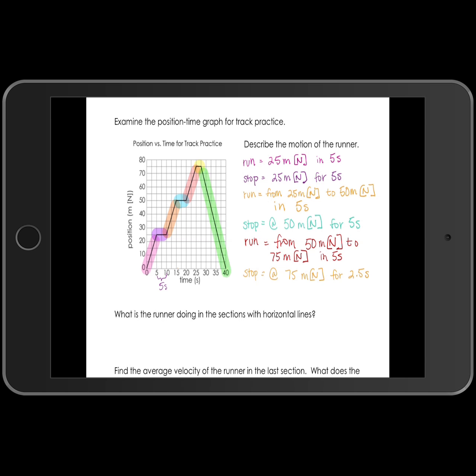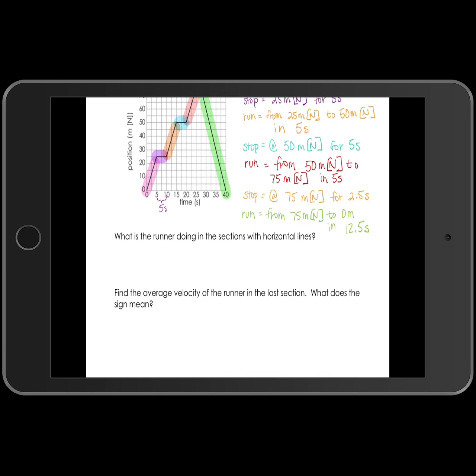In this last stretch, they are running from 75 meters north to 0 meters. So they're actually running back towards the start line. This takes them, let's see, 5, 10, 12.5 seconds.